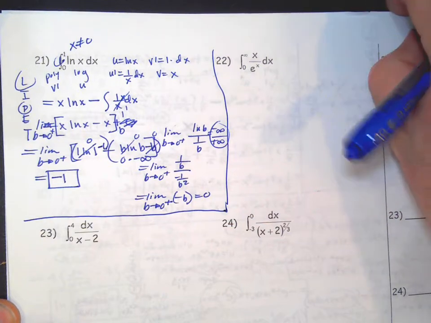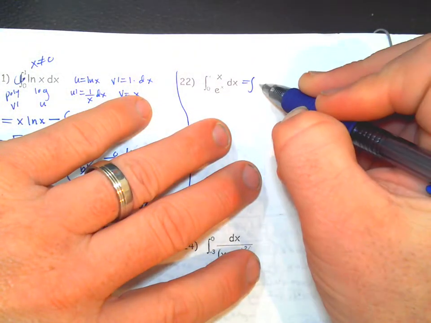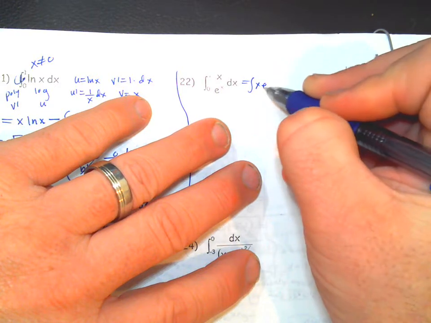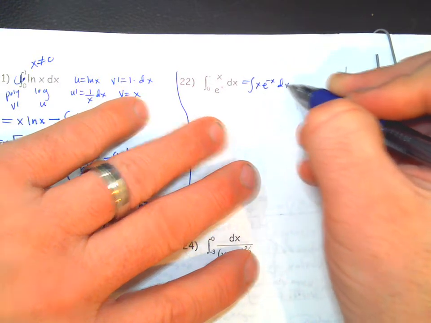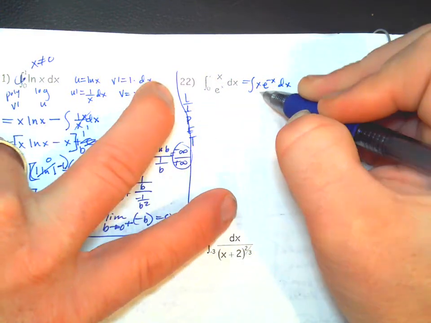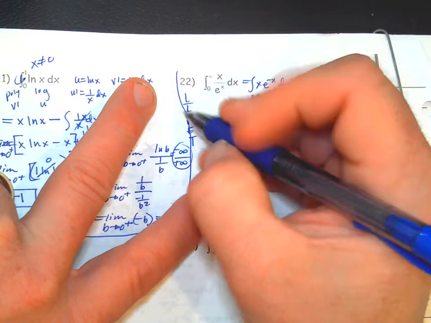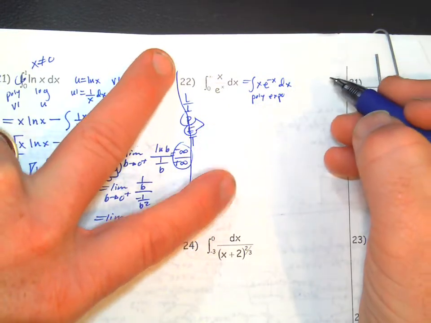Okay, 22. Can't integrate this. Probably want to rewrite it as x e to the negative x and do integration by parts. So you have poly expo, even if it has a negative. Poly expo. So we could use a shortcut.